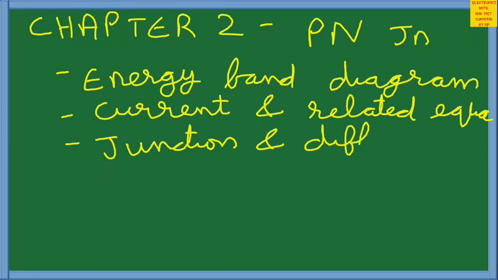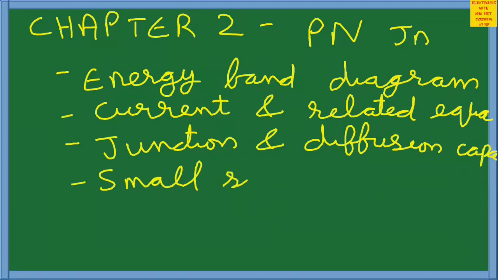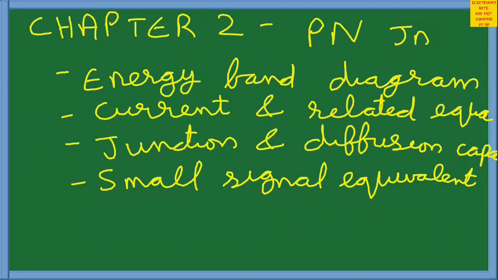We need to study the basic idea and equation of these capacitances. Then we will go for the small signal equivalent model of p-n junction. And then finally, we will study the diode transient response.